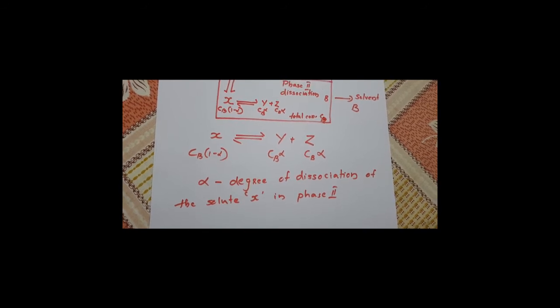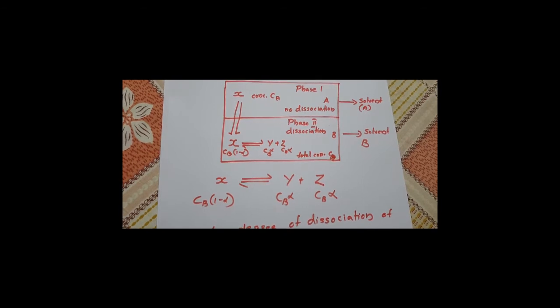Then according to Nernst distribution law, the ratio of concentration of solute in solvent A by solvent B is a constant.